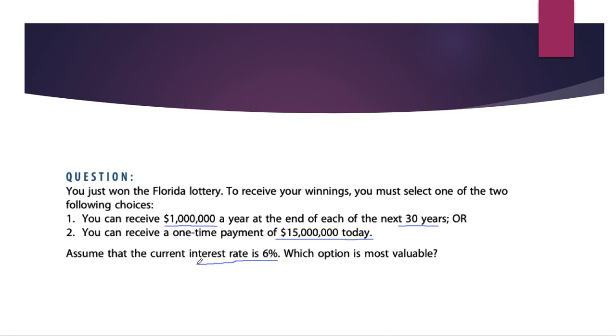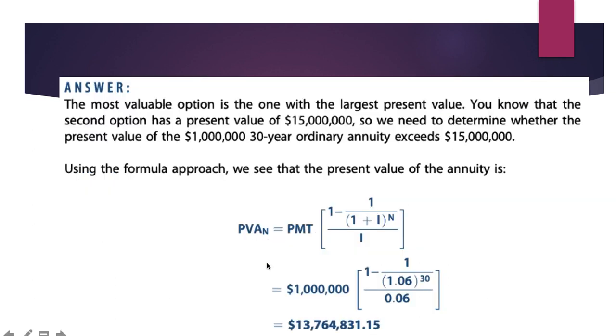We have just seen the present value and future value. So based on this argument, you can analyze which option gives us a higher present value as of today, because we know that the interest rate is 6%. So we will choose whichever option gives us the largest present value.